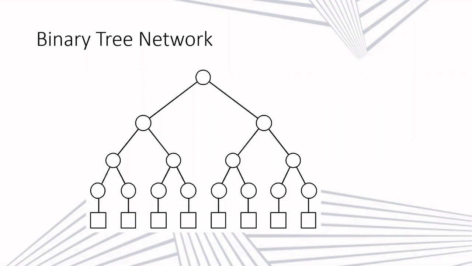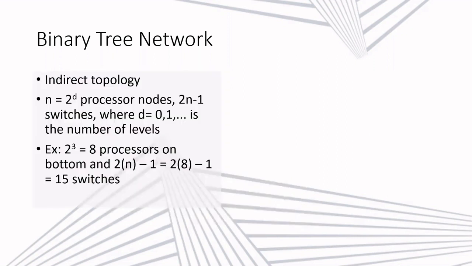So if there are n processors, there will be 2n minus 1 switch nodes. So here there are 8 processors and you can see that 2 into 8 minus 1, 15 switch nodes are there. So again, this is an indirect topology, and try to construct a binary tree network for 4 processors.